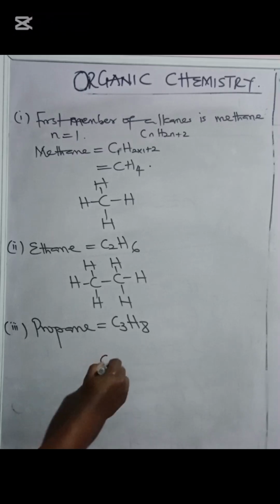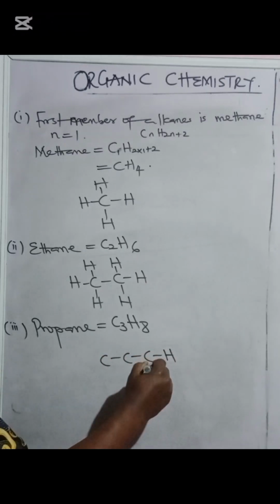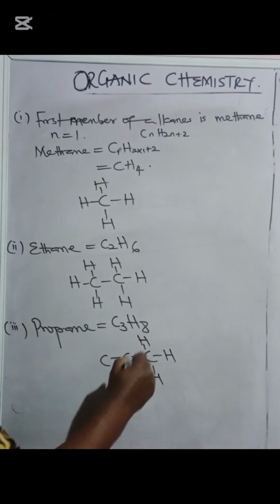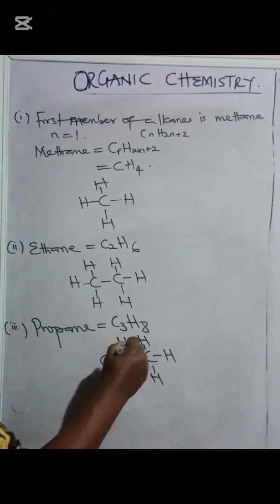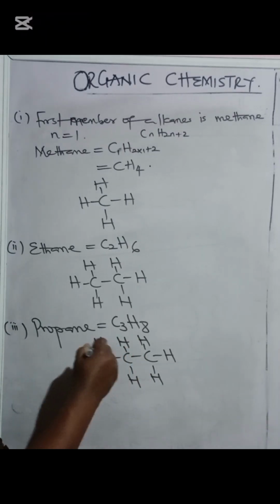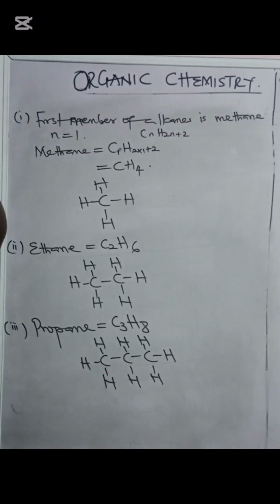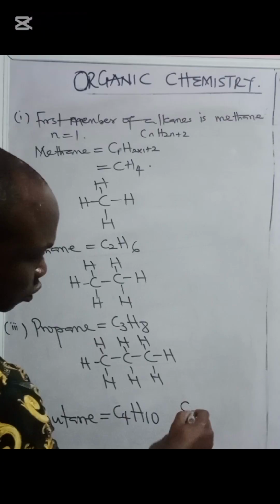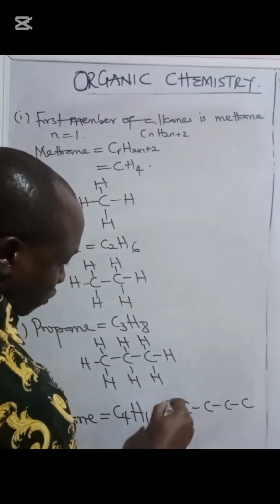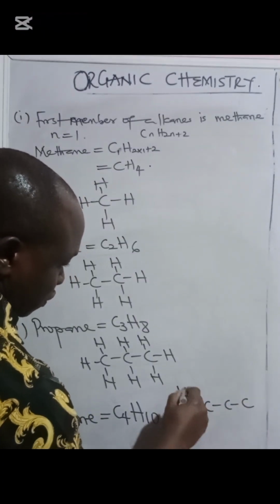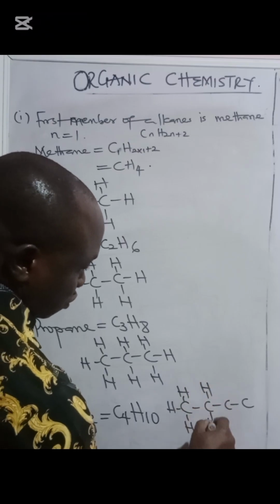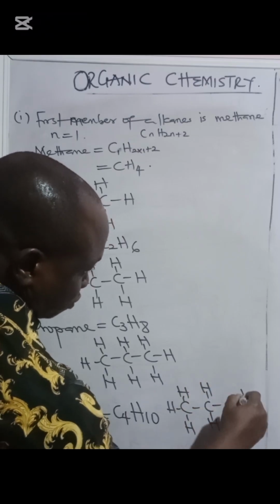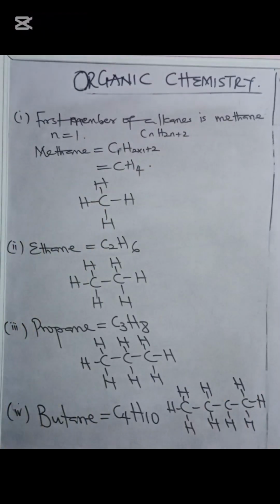Structurally, it will be hydrogens completing the carbons. So this is propane. Let's see butane. But means 4. So C4H10. It will be 1, 2, 3, 4. Complete it with hydrogen. That is butane.